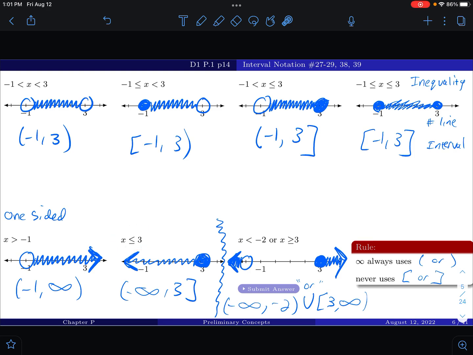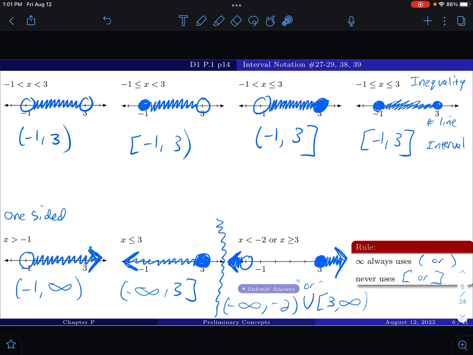Second one, x is less than or equal to 3. I want 3 included. Everything below that is negative infinity, so that's going to be written first. Negative infinity is smaller than 3. Can't touch infinity, so that gets a parentheses. You do want to include the 3, so that gets a bracket.